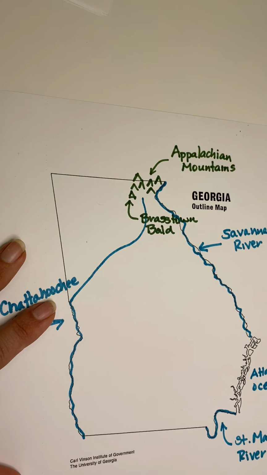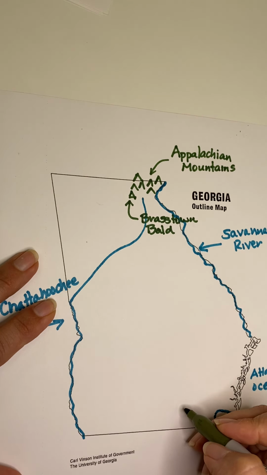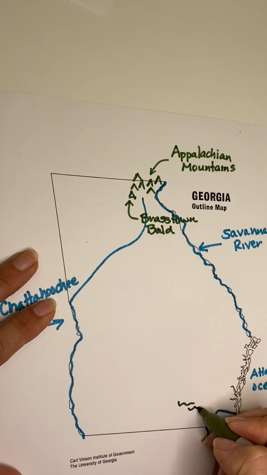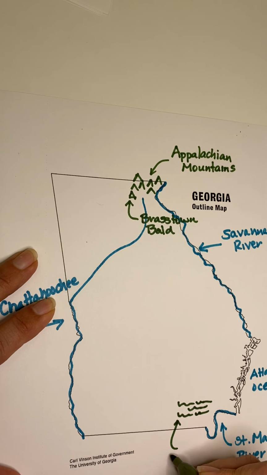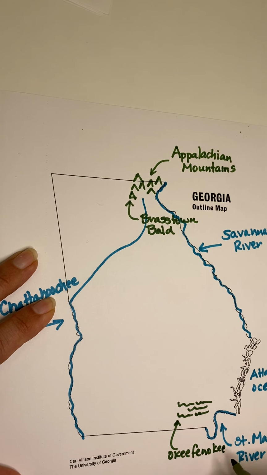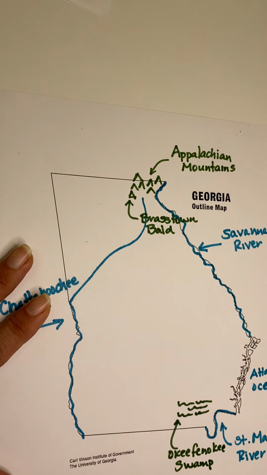Another important physical feature that you need to label is the Okefenokee Swamp. So I'm just going to do some little waves here to show the Okefenokee Swamp, and label the swamp.